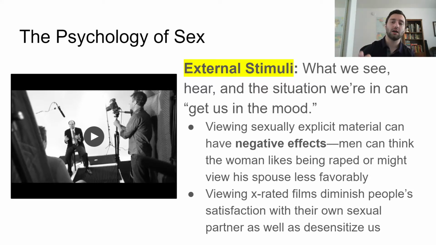So for example, men can think that women like being raped, or might view their spouse less favorably. We also know that viewing X-rated films diminishes people's satisfaction with their own sexual partner, as well as desensitizes us. So these are some patterns that we can see through exposure to these different external stimuli. And again, they're focusing on specific types, but psychology in general will look at a much broader variety.